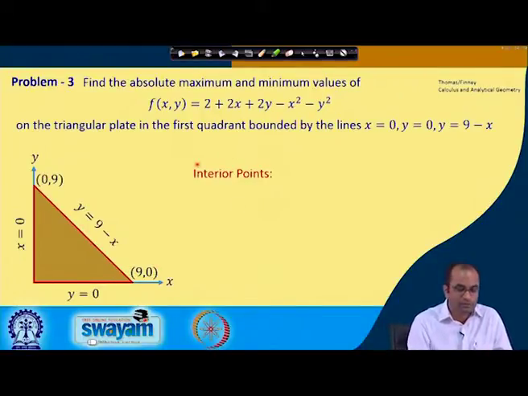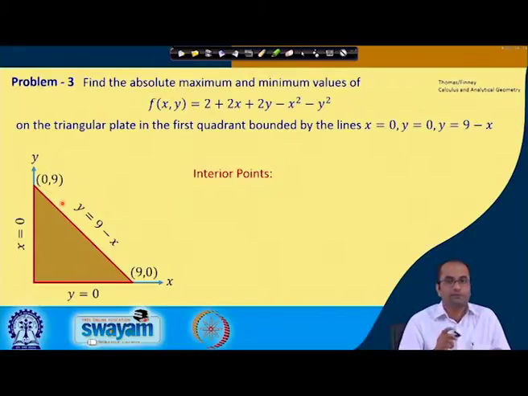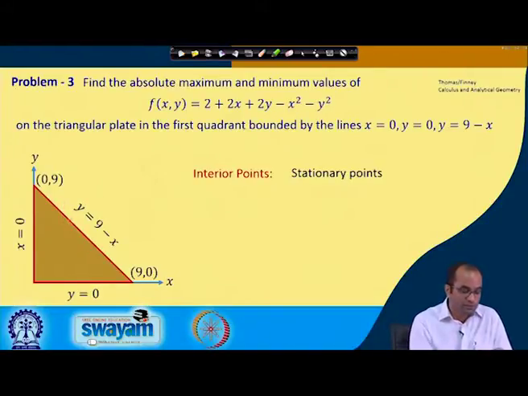So, in this case we have to consider the interior and also the boundary. When we have a bounded domain, we have to consider the boundary because maxima and minima may exist at the boundaries. So, at interior points we will search for the stationary point, and separately we will look for the extrema at the boundaries.